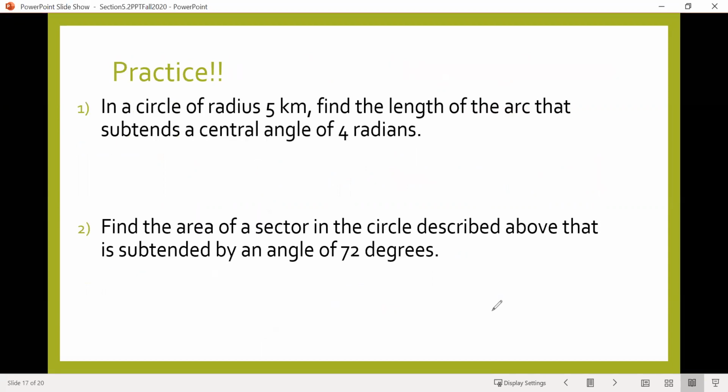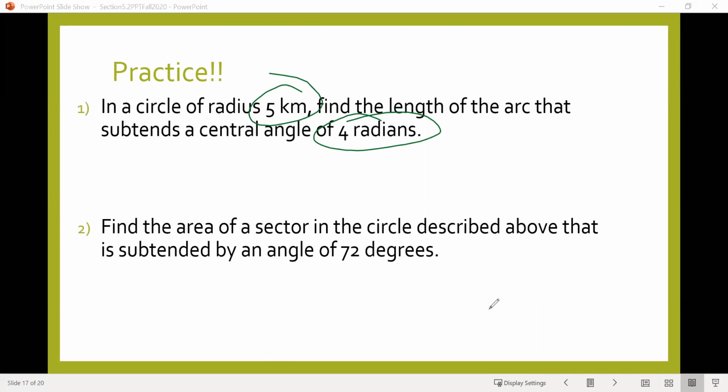In the first one, we're told that in a circle of radius 5 kilometers, they want us to find the length of the arc that subtends a central angle of 4 radians. So notice we've got a couple of important pieces of information there. We're told that the radius is 5 kilometers and the angle measure is 4 radians. Now notice that's not 4 pi radians, it's just 4 radians.